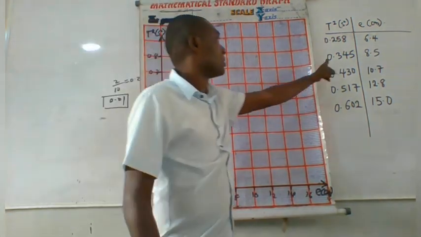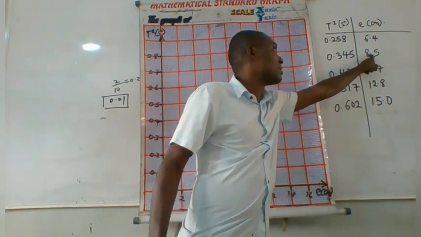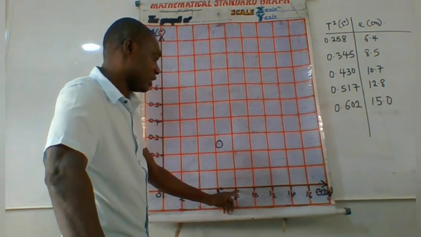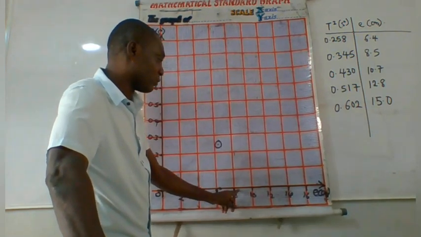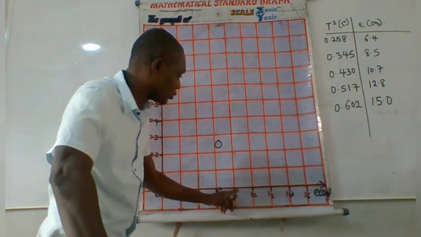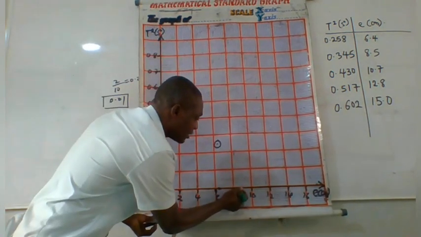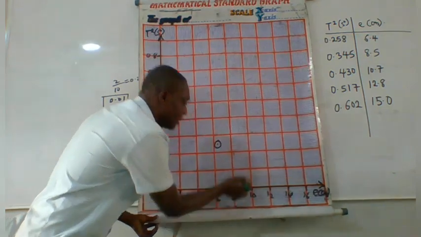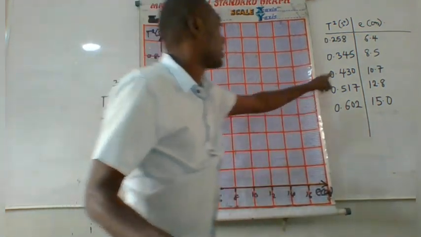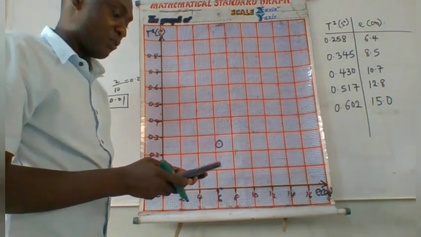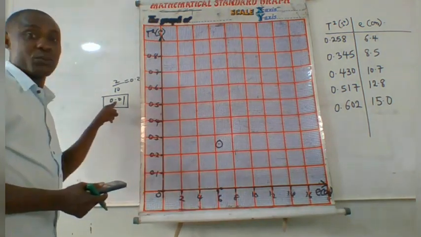Let's plot 0.345 against 8.5. So let me get my 8.5. This is 8, 8.2, 8.4, 8.6. So 8.5 will be in between 8.4 and 8.6, at the middle of this point here. So now let me trace that up. I'll divide 0.345 by 0.01.